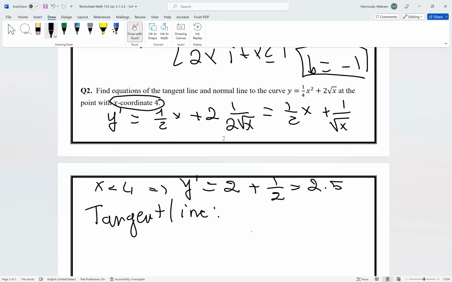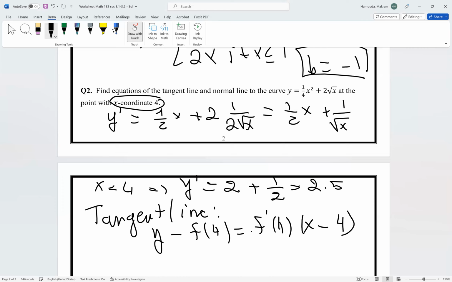Its equation is of the form y minus the value of the point 4, so f of 4, equal to f prime of 4 times x minus 4.